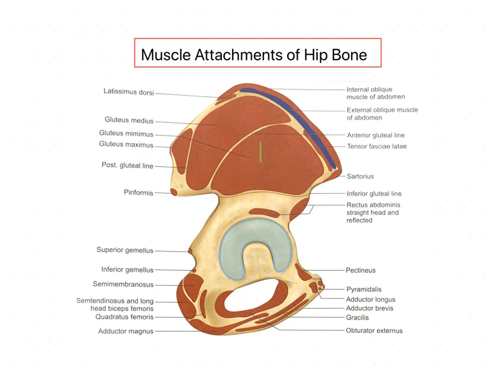The muscles which can be seen on the anterior aspect after sartorius. On the anterior inferior iliac spine we can find the rectus femoris muscle, and this one is the reflected head of the rectus femoris muscle, and it has two heads: one is the straight head and the other is the reflected head.